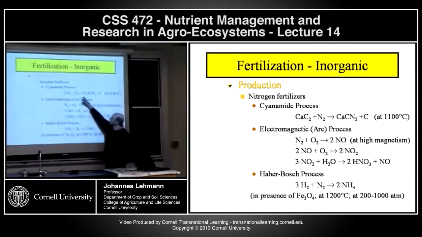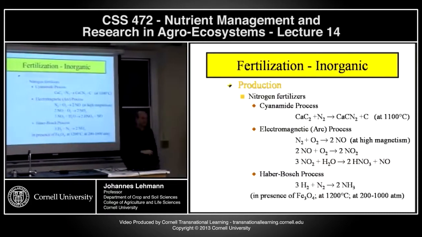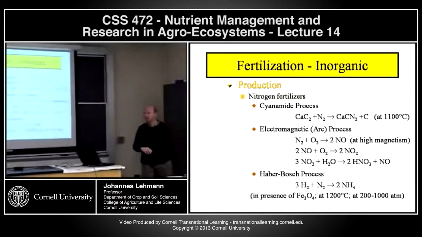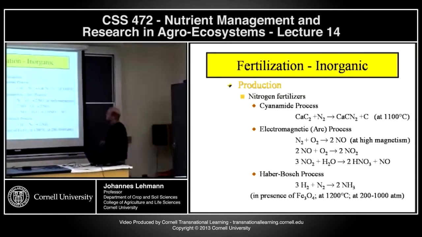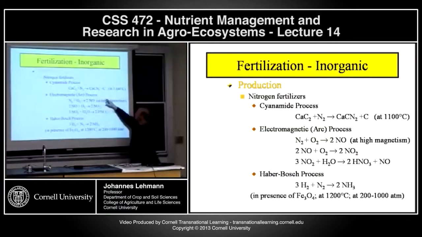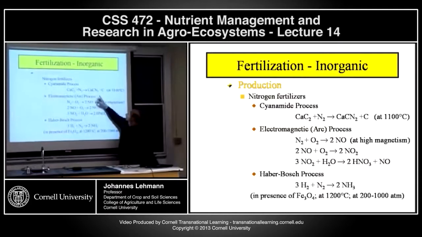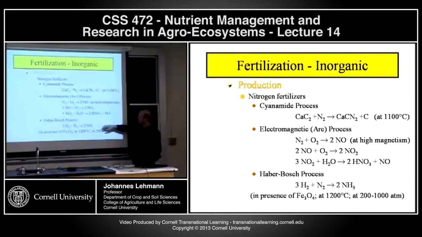In all cases, you can see it's always coming from the atmosphere. So that's where we get our nitrogen. It's not a nitrogen deposit somewhere that we dig up, but nitrogen from the atmosphere that we transform into nitrate or ammonia or cyanamide, and then let react with other chemicals to get our nitrogen fertilizers.